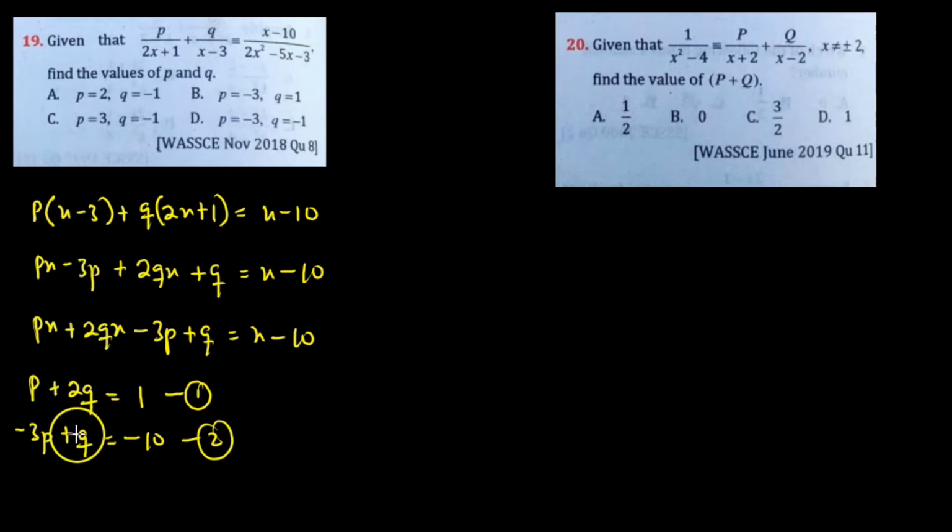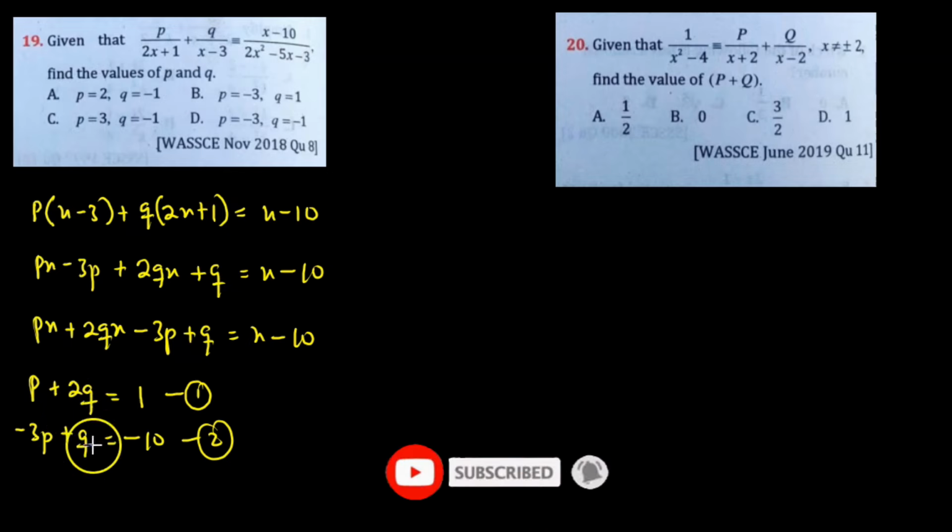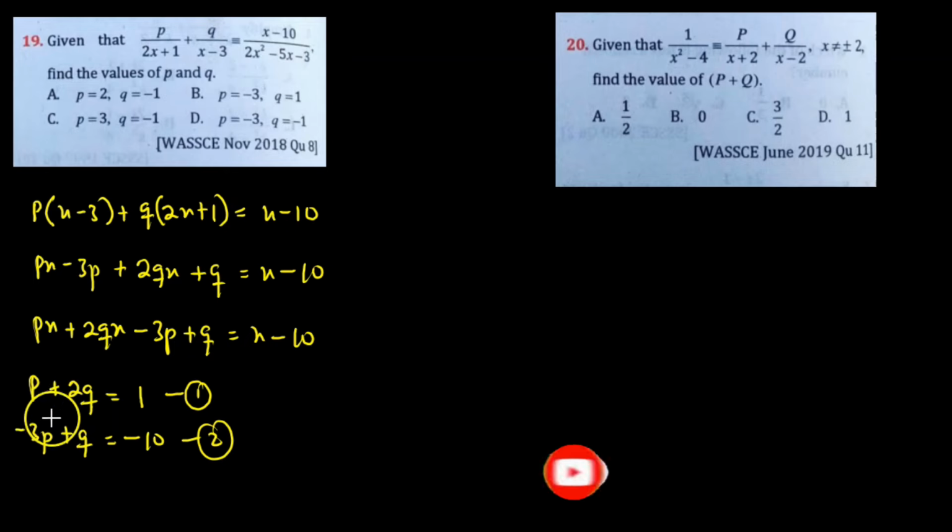If you don't have any idea about how to solve simultaneous equations with the calculator, please look at the link up there, and you get the procedure in using the calculator to determine that. So in this case, when I use the calculator to solve for the values of P and Q, press the mode button, select mode 5 and select 1.